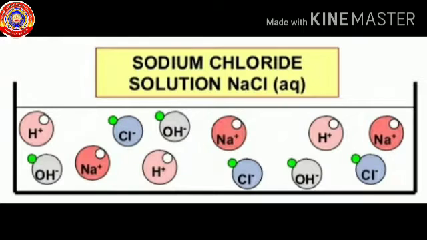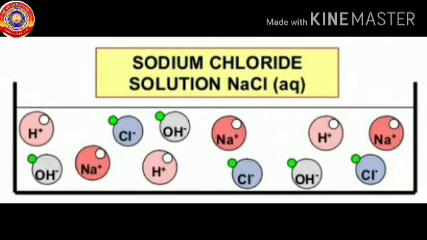We know during electrolysis, cations migrate towards the cathode and anions migrate towards the anode. But here, more than one cation and anion are present in this electrolyte. Also, we know only one particular ion will be discharged at its respective electrode.